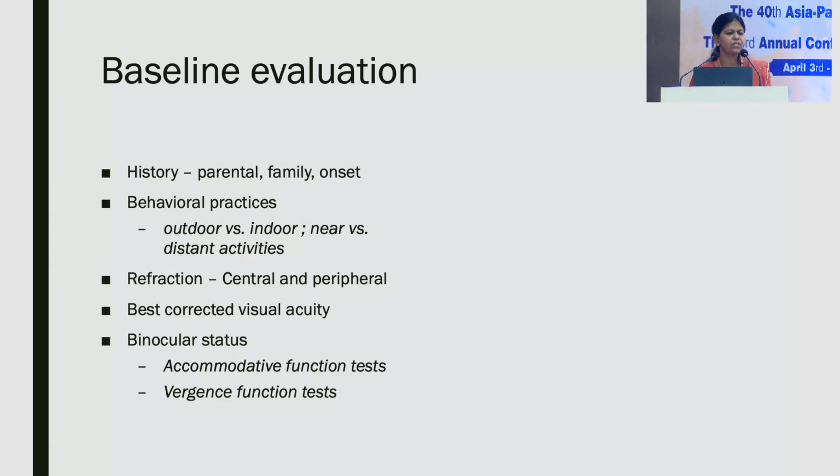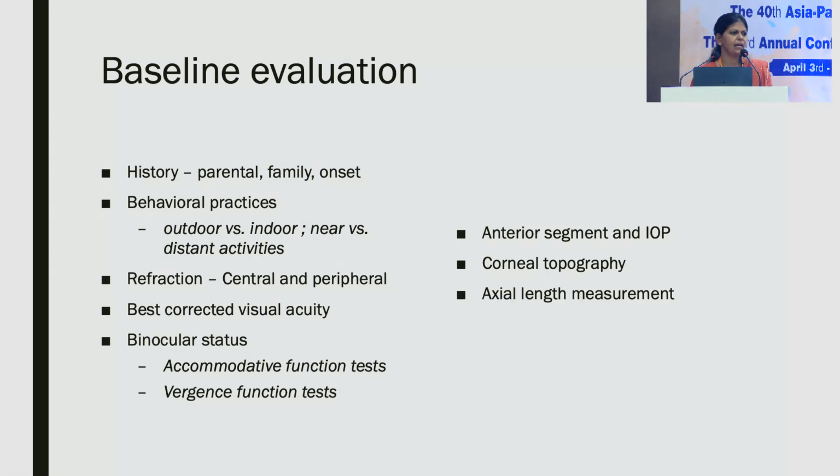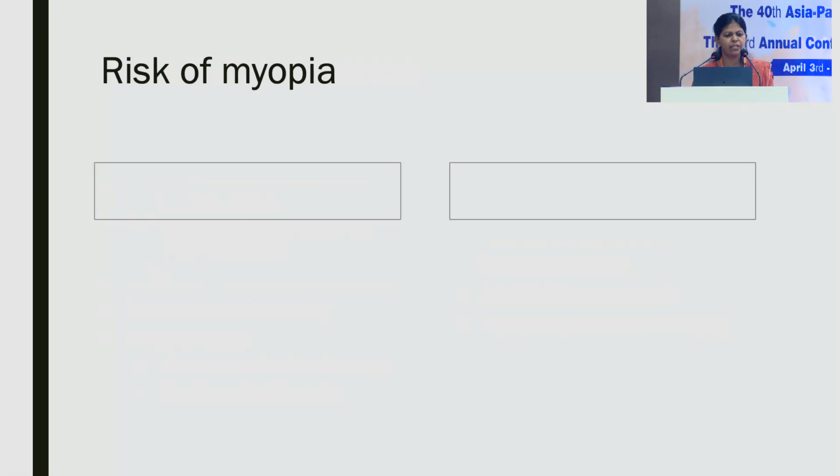Accommodative function tests and vergence function tests are important as part of myopia evaluation. Anterior segment and IOP to rule out other causes if present. Corneal topography sometimes can be done as a baseline, but not necessarily in all situations. And axial length measurement if you are going to treat myopia eventually. And fundus examination and imaging to document fundus changes if required.